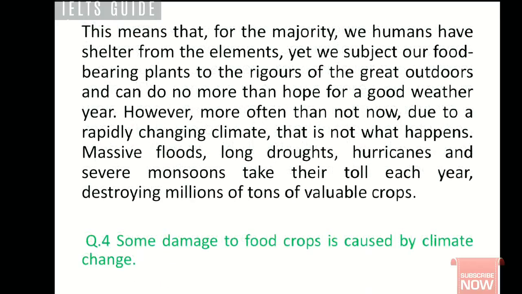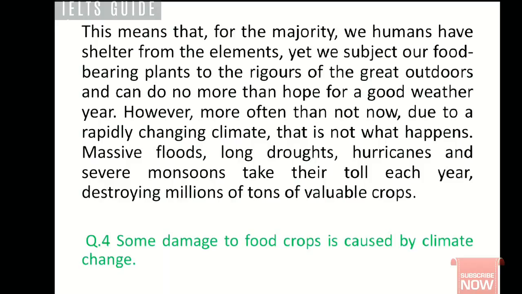Some damage to food crops is caused by climate change. Okay, "some" means we cannot say how much, right? But at least some amount of damage to food crops is caused by climate change. Let's read the passage. Due to a rapidly changing climate, that is not what happens. Massive losses each year, destroying millions of tons of valuable crops.